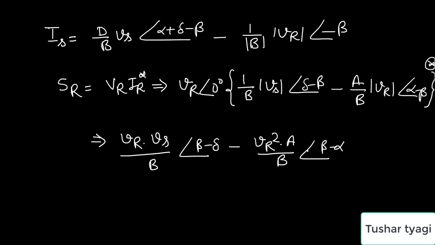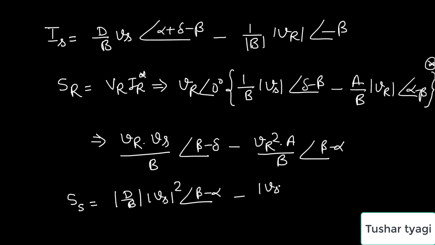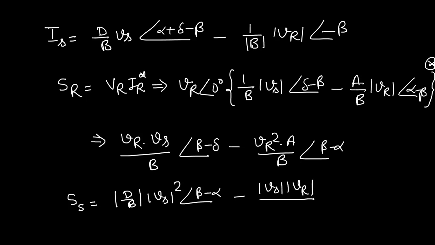Similarly, you can calculate the sending end power Ss is equal to D by B Vs square angle beta minus alpha, minus mode of Vs mode of Vr divided by mode of B angle beta plus delta. This has been calculated by multiplying Vs into Is conjugate.